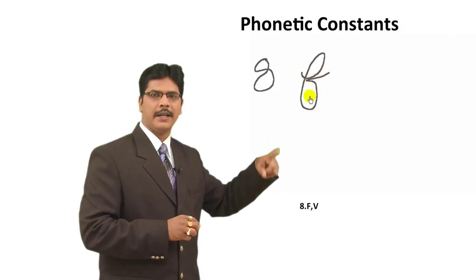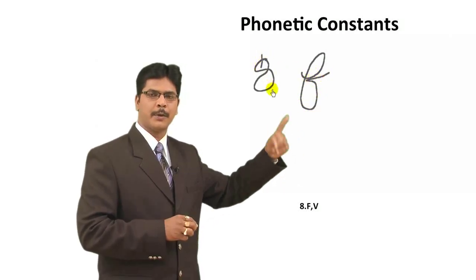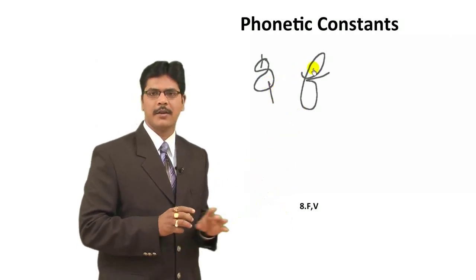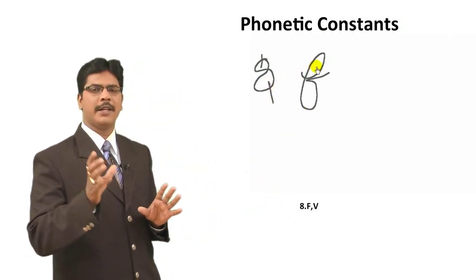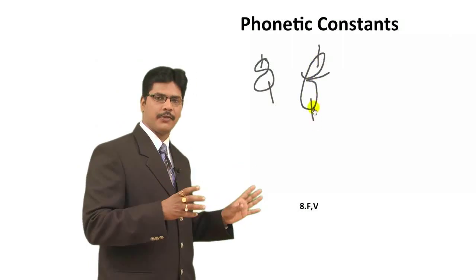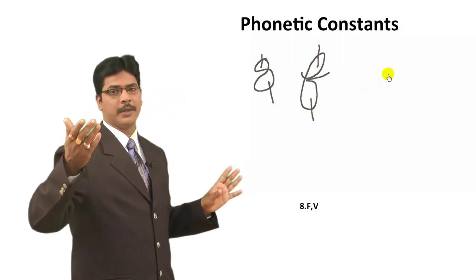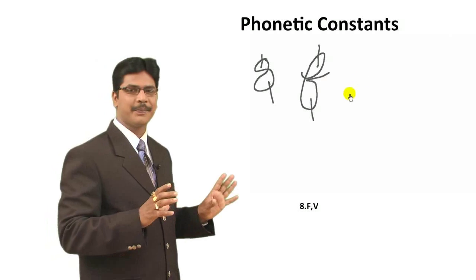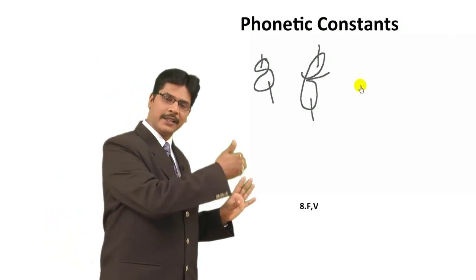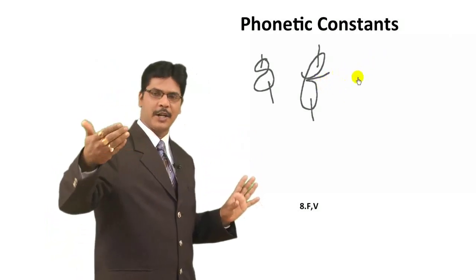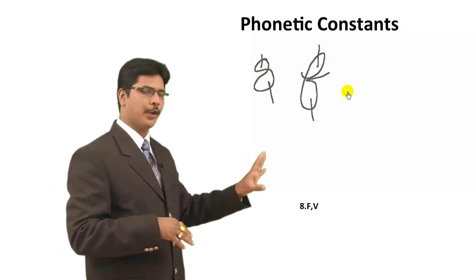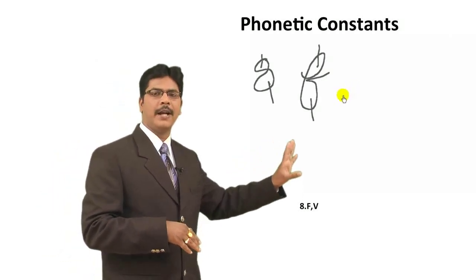F and 8 have two loops, see, the upper loop and lower loop, the upper circle and the lower circle, right? So for that reason, we are taking 8 as F. So there's only 8 to remember, not just because of that it has come. I'll tell you later why they have taken these combinations in the later chapters. But as of now, you understand the phonetic consonants for 8 are F and V.